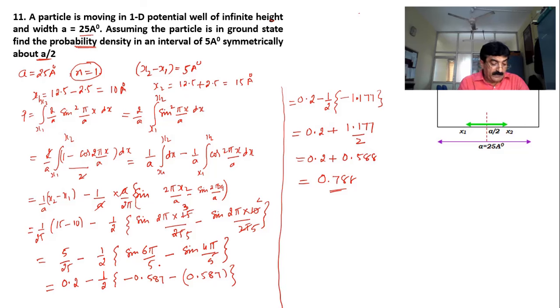Okay, 0.588 plus 0.588 is 1.176, right? 1.176 divided by 2 is 0.588. Plus 0.2, that is 0.788.